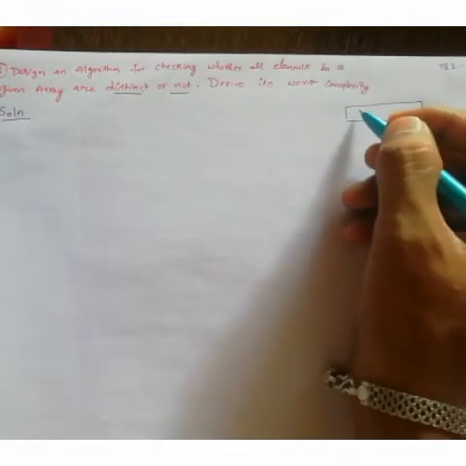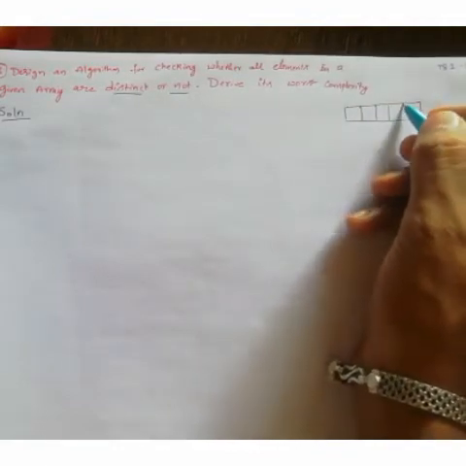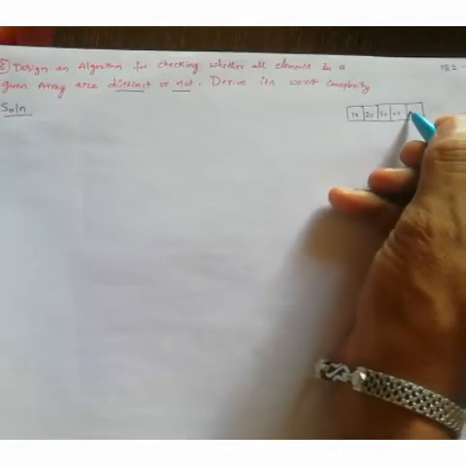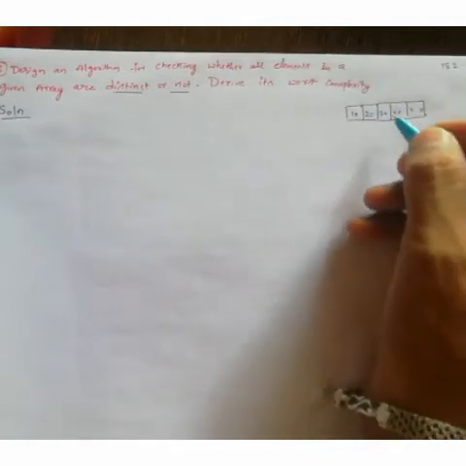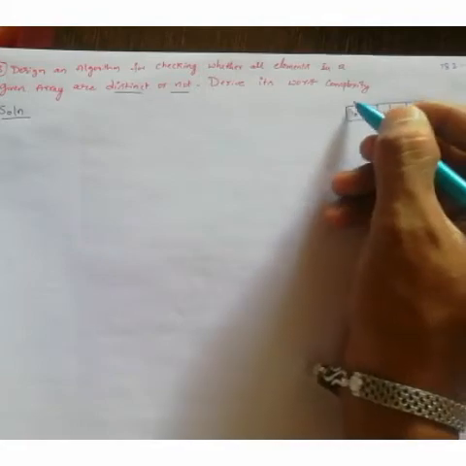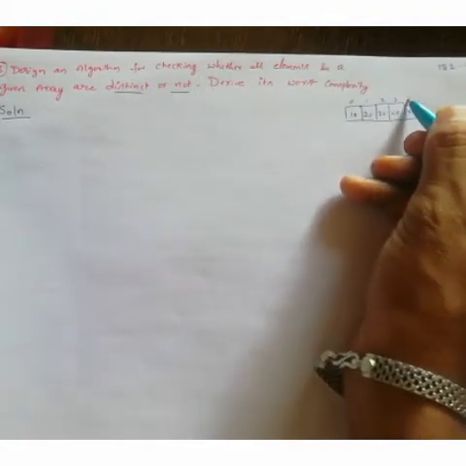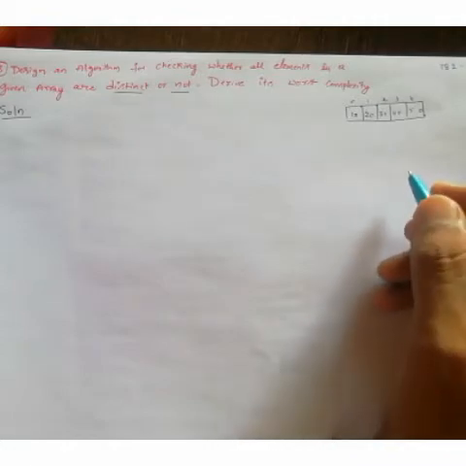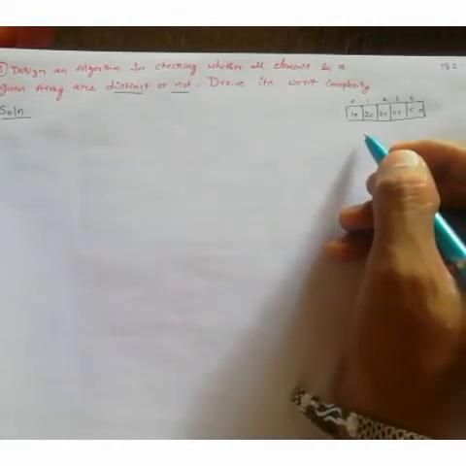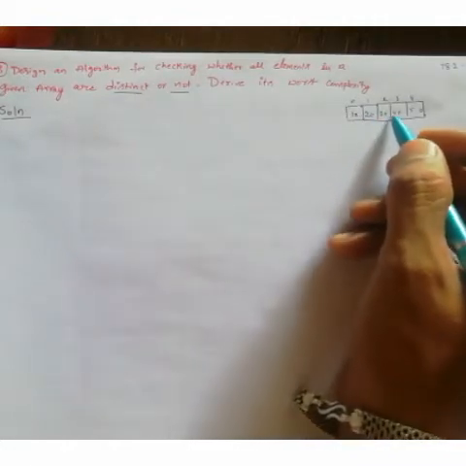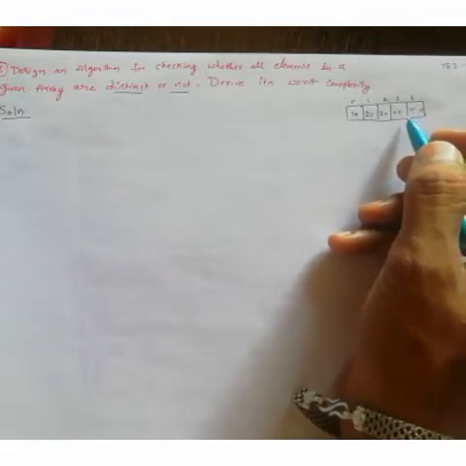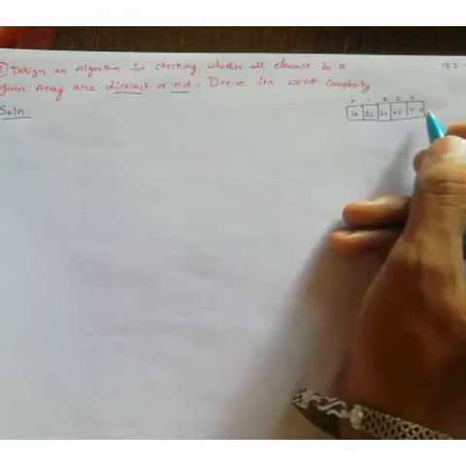I will consider one array having some elements, for example, 1, 2, 3, 4, 5 elements, from 0 to 4. So now what should I do? Are all these 5 elements distinct? Yes, these elements are not the same.